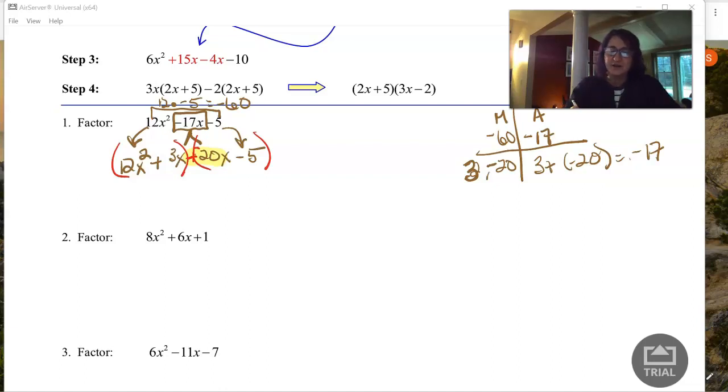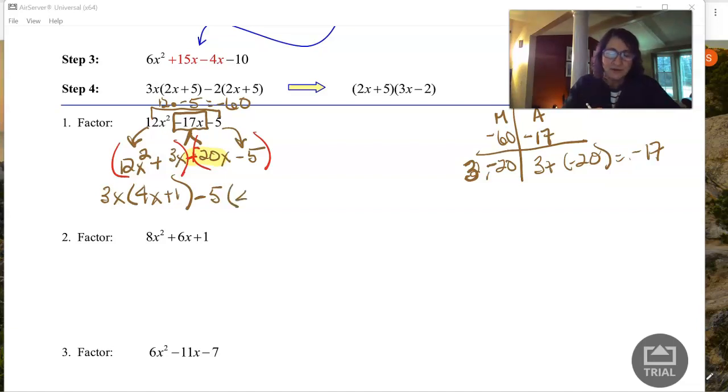Out of that first grouping, I'm going to take out a 3x, and I'm left with 4x plus 1. Out of the second binomial, because it's negative, it's a -20, I have to take out a negative greatest common factor, so -5.